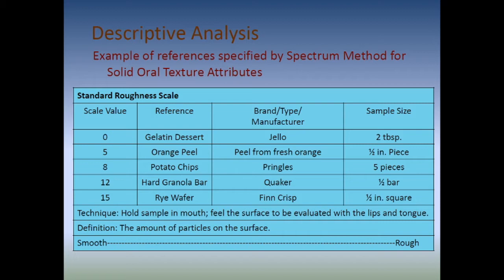So we have to train our panelists, and this was the slide that I was looking for in our class right before the school got shut down. In this case, they're talking about the different textures in one of the trademarked methods for descriptive analysis, in this case, the spectrum method.